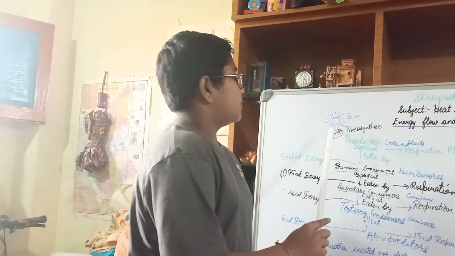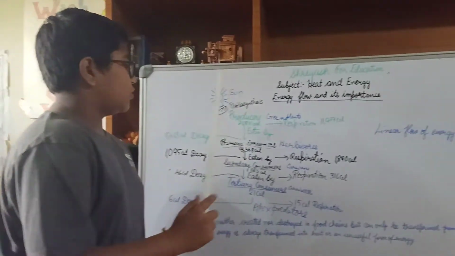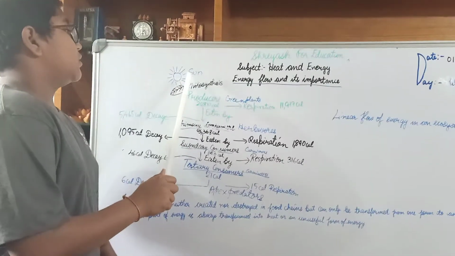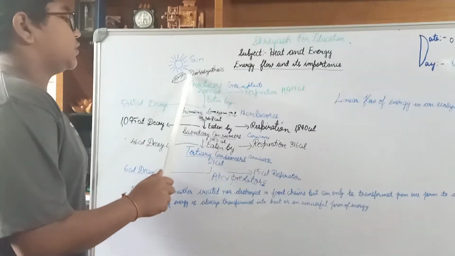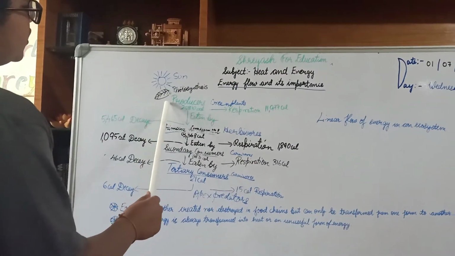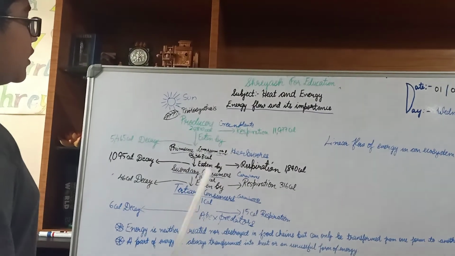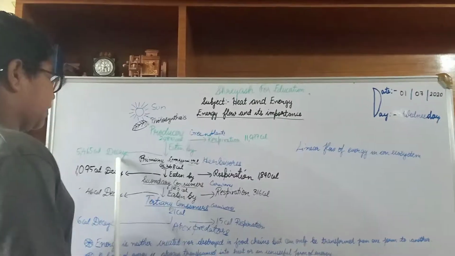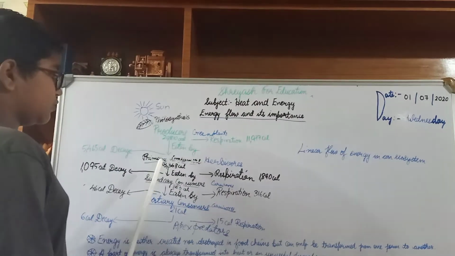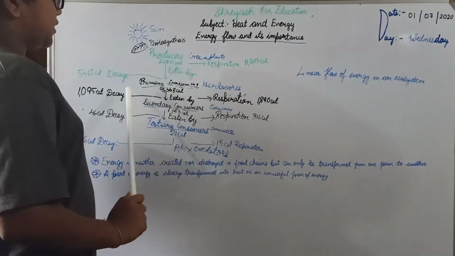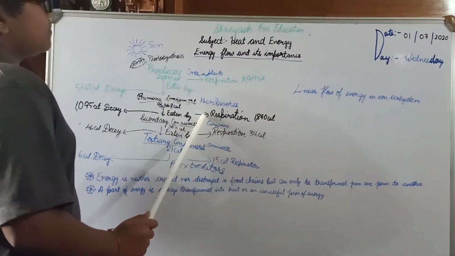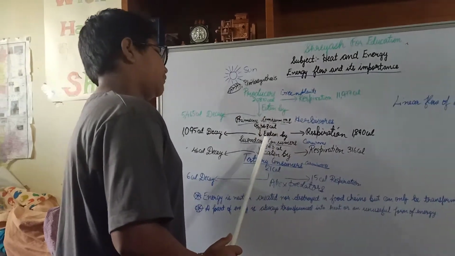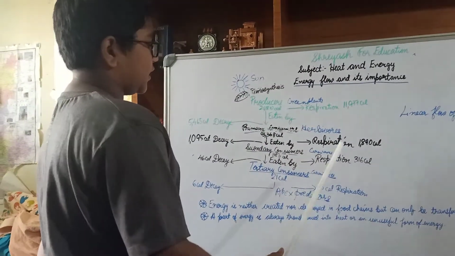Let us go through the table once again at the last. The sun gives solar energy from which we do photosynthesis, and then the producers or the green plants make use of it, and they use it for respiration and decaying after being eaten by the primary consumers, who are herbivores. Then the primary consumers also use the energy for decay and respiration after getting eaten by the secondary consumers.